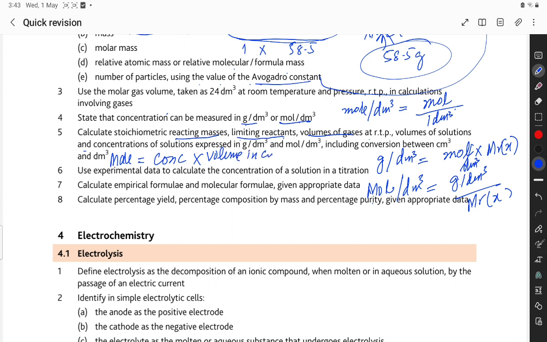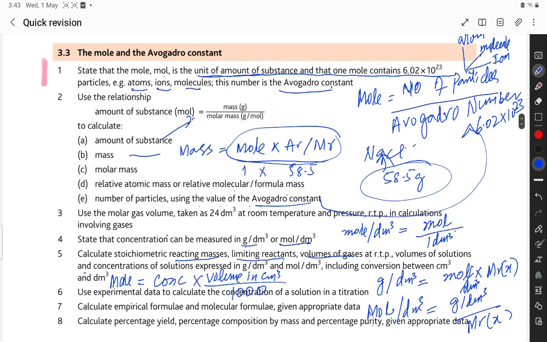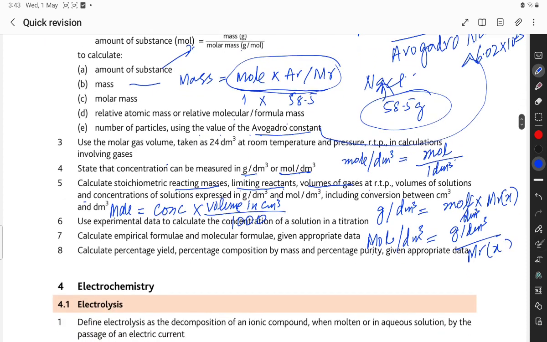Please use this formula, and by manipulating it you can calculate volume as well as concentration as well as mole. Mole of gas is equal to volume of gas over 24 dm cube. So these are the 4 formulas.